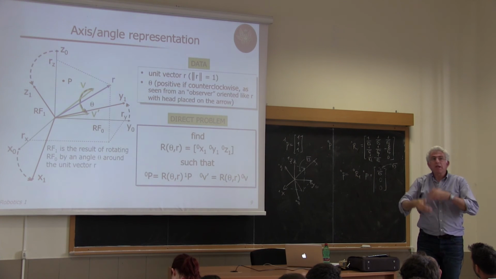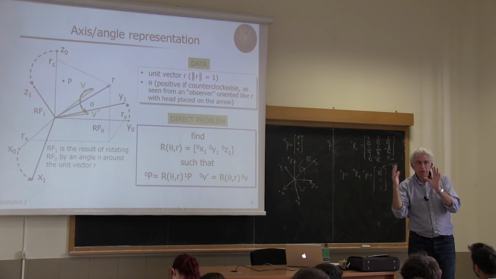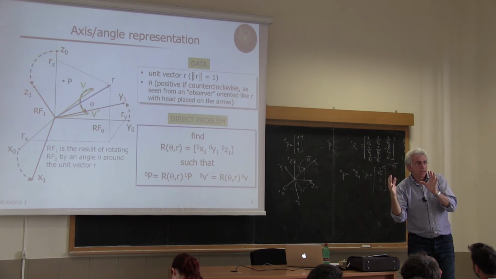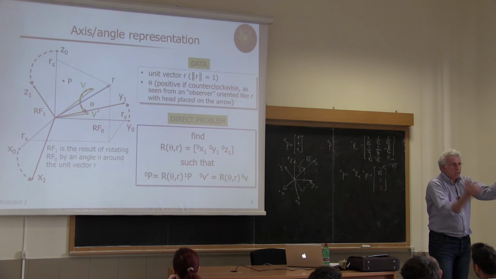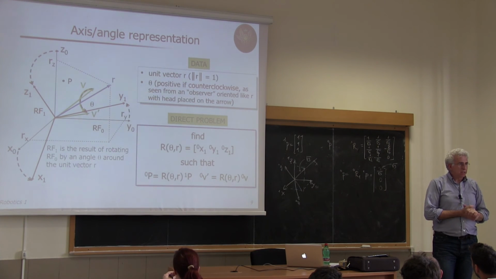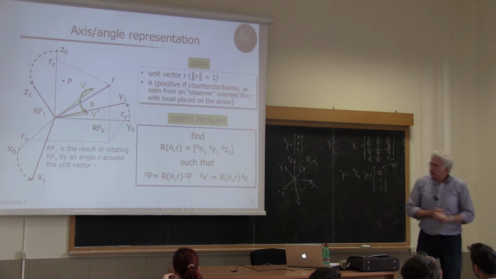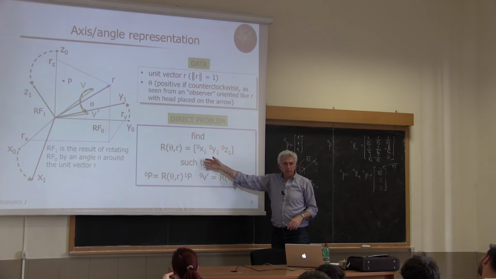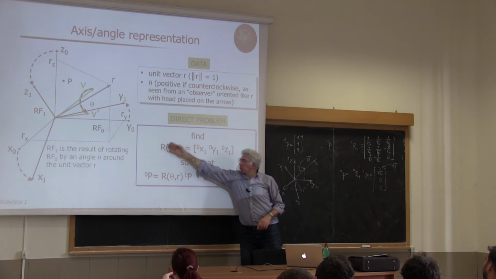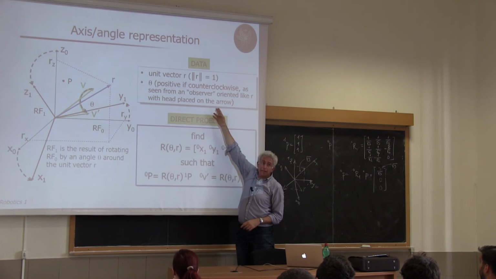And this is the so-called inverse problem. So given a rotation matrix, numbers, I want to find the so-called invariant axis of the associated rotation and the angle rotating around this. And we will see that the direct problem is relatively simple. So build up a rotation matrix only with those data.